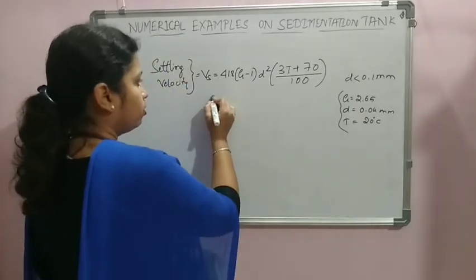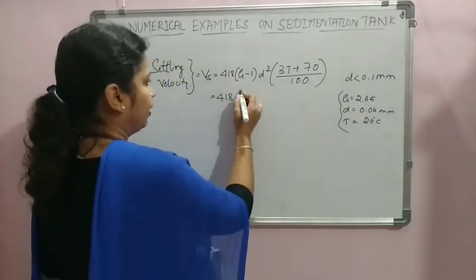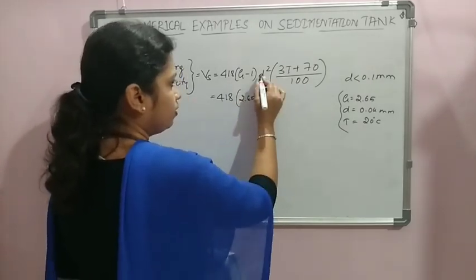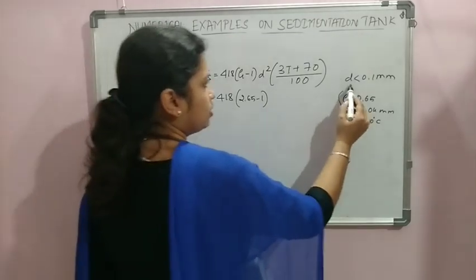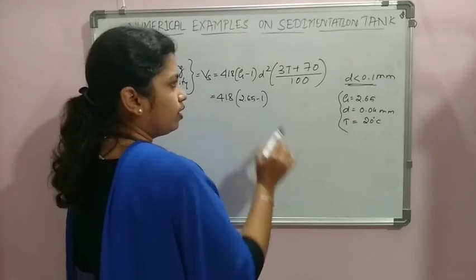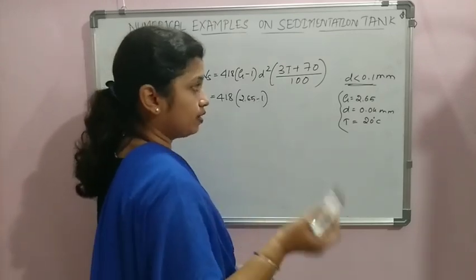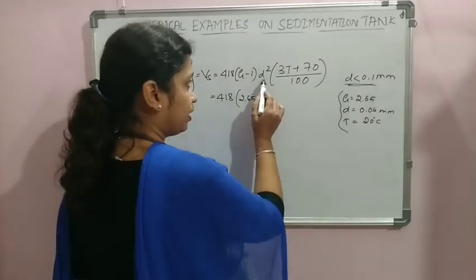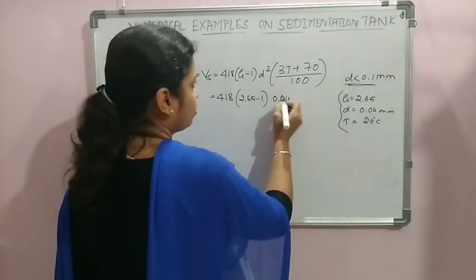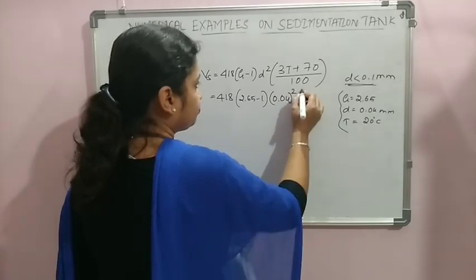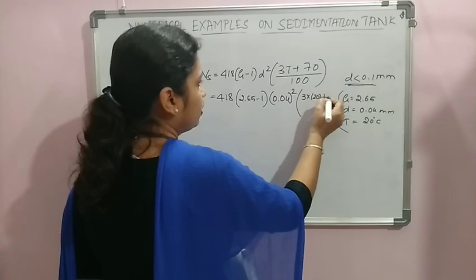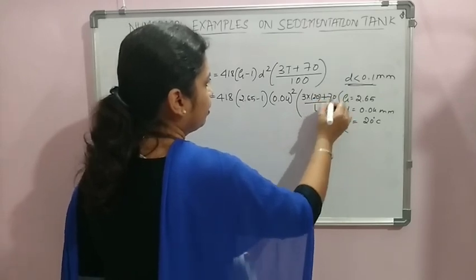Let us substitute all the data. 418 into G, the specific gravity, which is given as 2.65 minus 1. D is for the diameter. Since it is less than 0.1 mm, we take it as D square, otherwise it would be D. If it is greater than 0.11 mm, it will be taken as D. Here 0.04 square, into 3 into 20 plus 70 divided by 100.